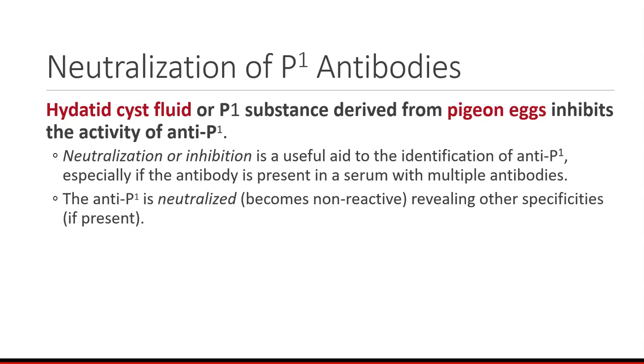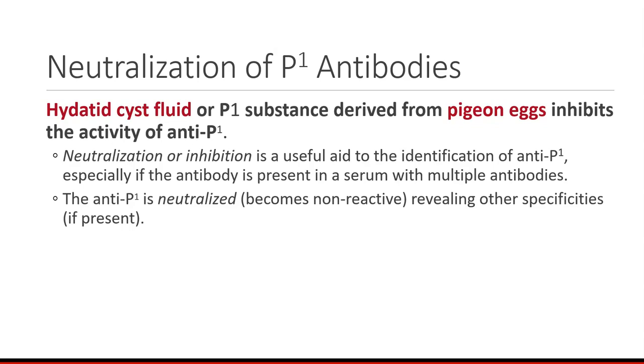Another source of a neutralizing substance is derived from pigeon eggs. Okay, so, are we going to crack open all these different species of eggs and figure out which ones work as neutralizing substances? I don't know, but you must memorize this. Hydatid cyst fluid or the substance from pigeon eggs will neutralize P1 antibodies.